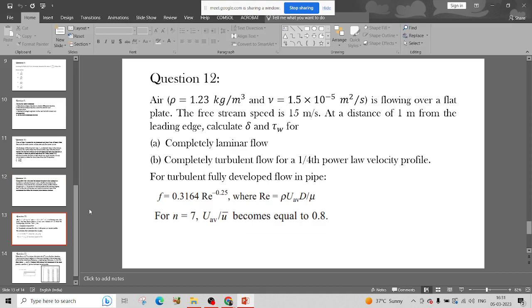Okay, the next question is: air is flowing over a flat plate and the free stream speed is 15 meters per second. At a distance of 1 meter from the leading edge, calculate delta and tau w for completely laminar flow and completely turbulent flow with a 1/7 power law velocity profile. For turbulent, fully developed flow in a pipe, f is given, the Reynolds number is also given, and for n equal to 7, U average upon U becomes equal to 0.8.